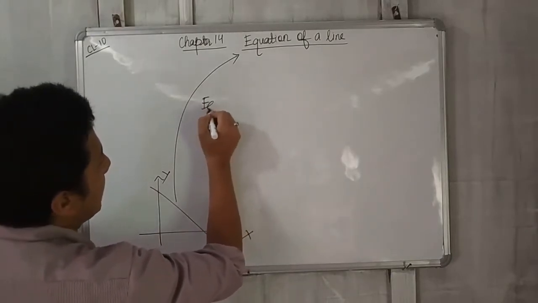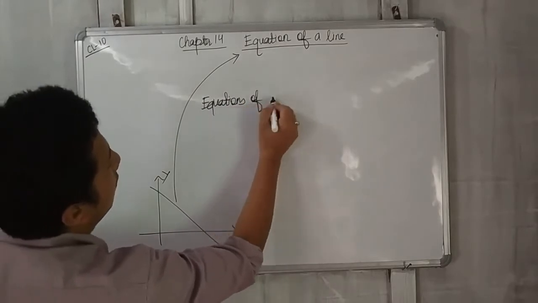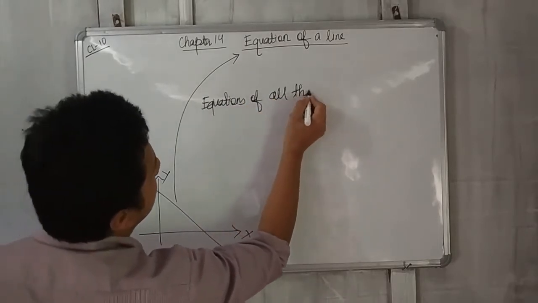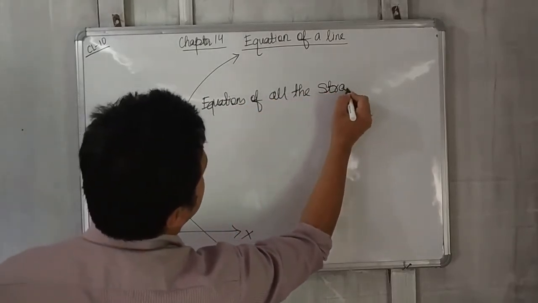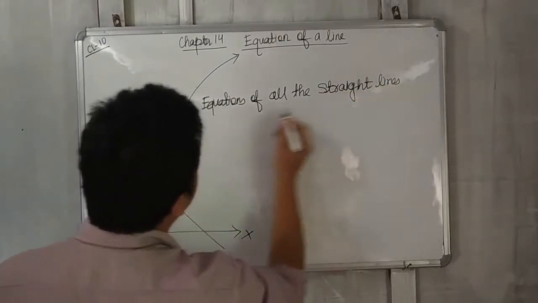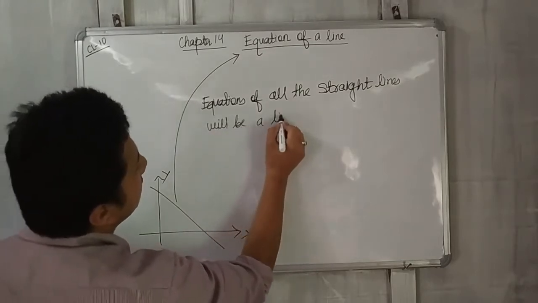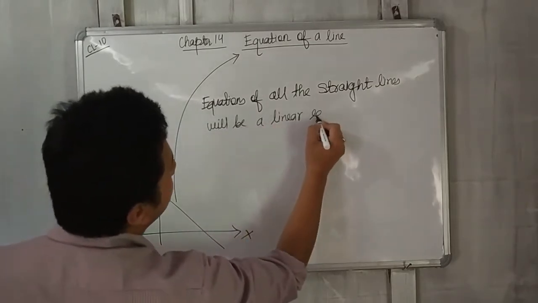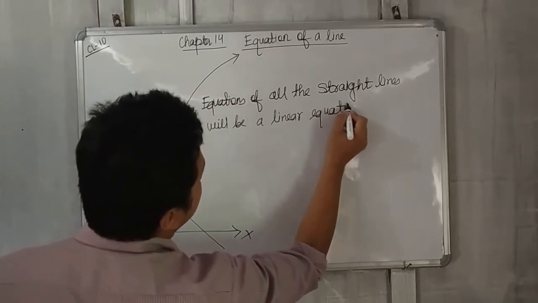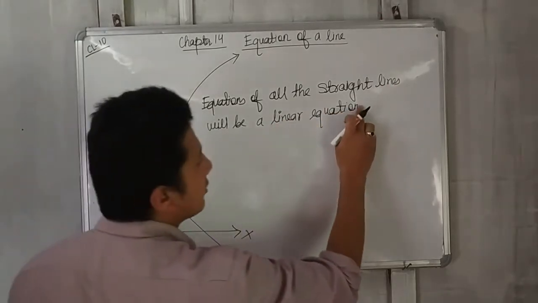You can note this down. Equations of all the straight lines will be linear equations. Understand my point?